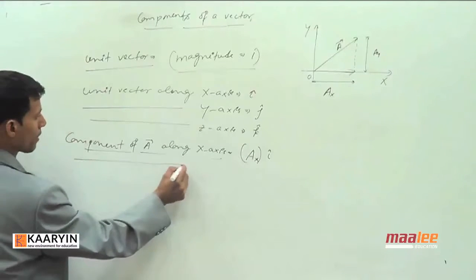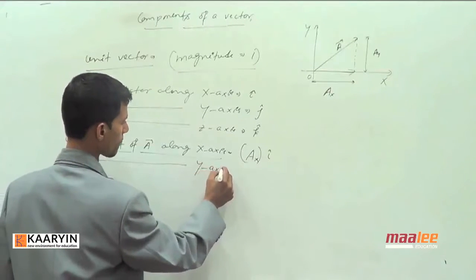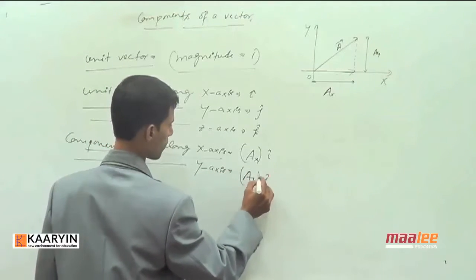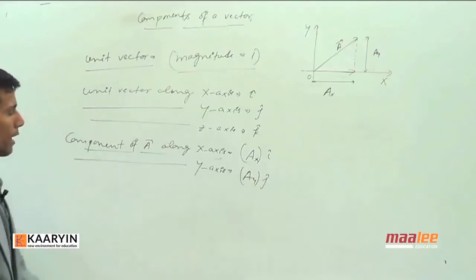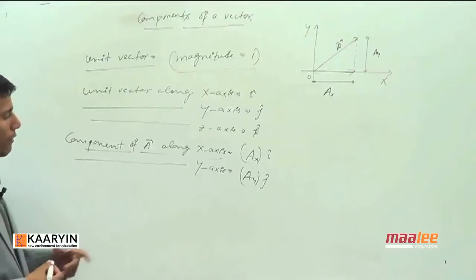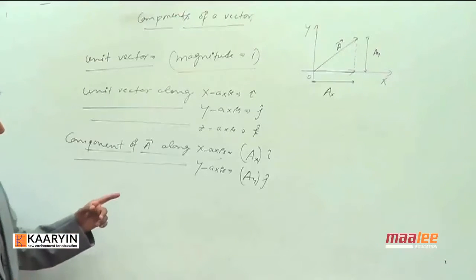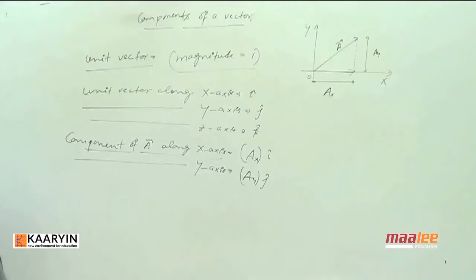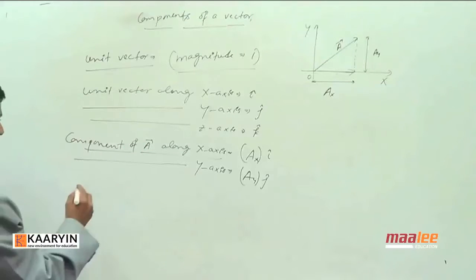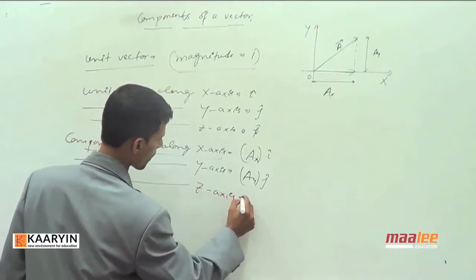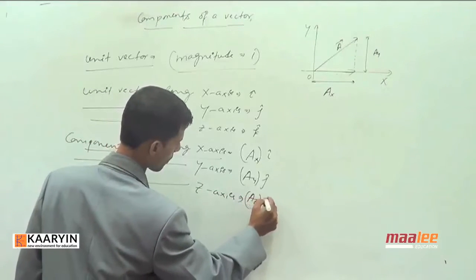The component of A along the y axis is written as Ay j cap, where Ay is the length along the y axis. So we have Ax i cap along the x axis and Ay j cap along the y axis. Similarly, you can also write the component of A along the z axis in a 3D coordinate system. The component of A along the z axis will be Az k cap.